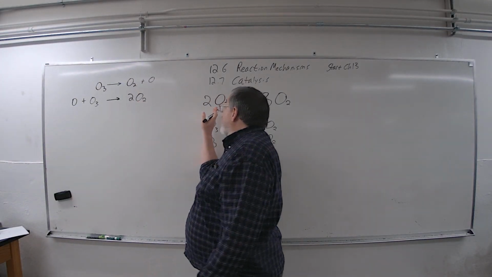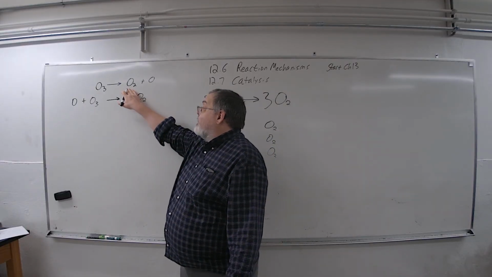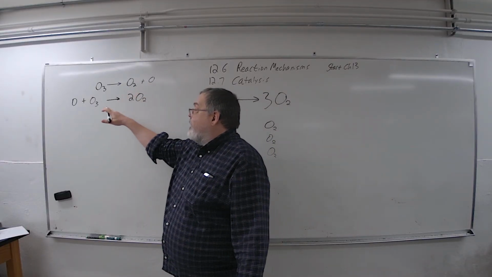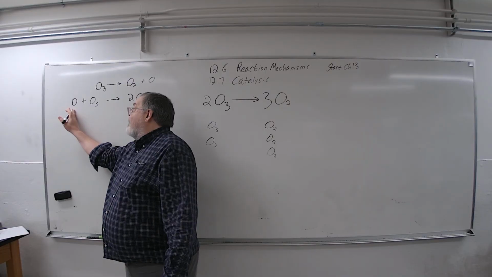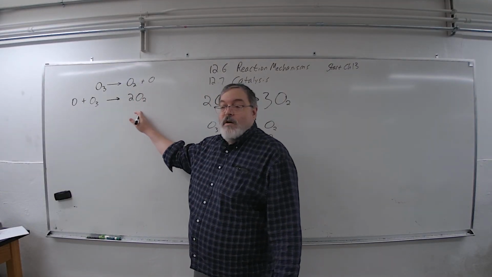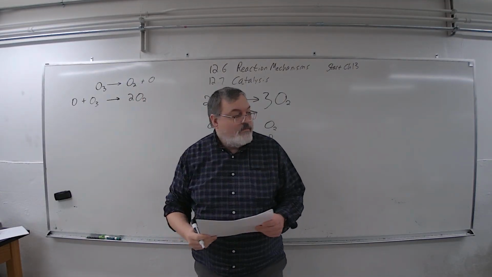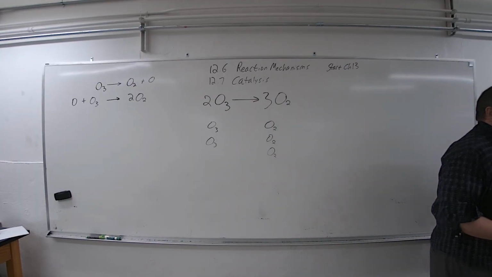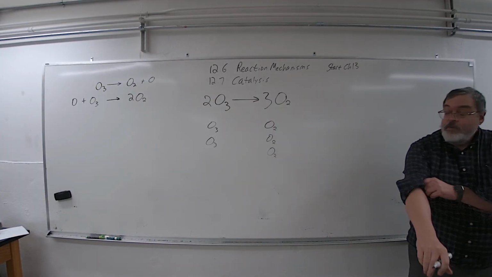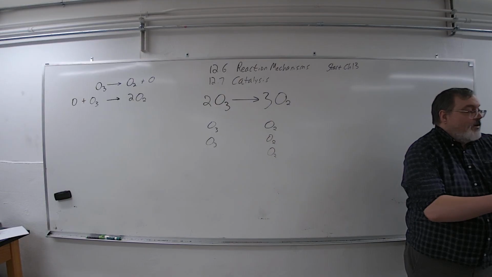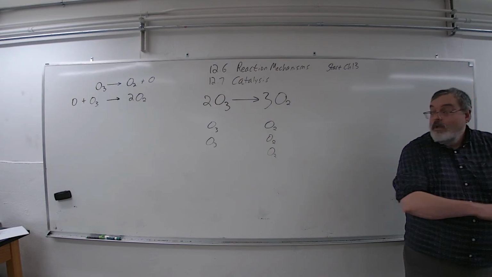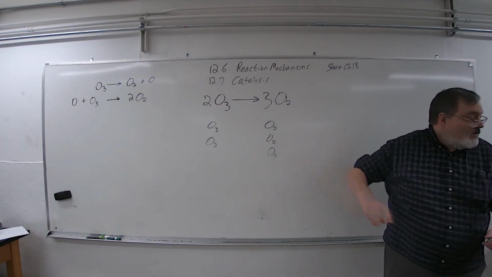So one of the O3s breaks into an O2 and an O, and then another O3 bumps into that O and forms two O2. You see that? See what I'm saying? Those are two explicit steps that could occur that would cause the reaction to go and actually create three of these.